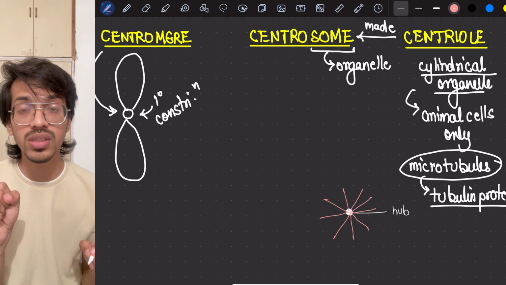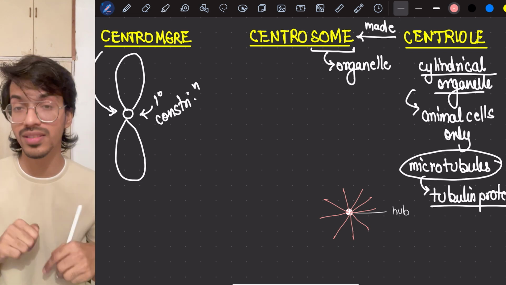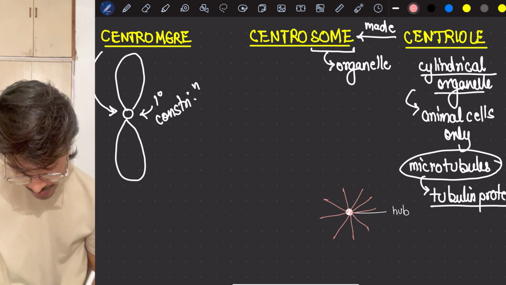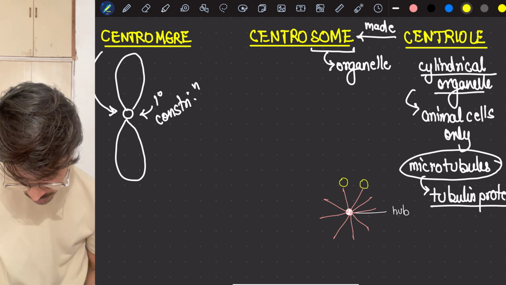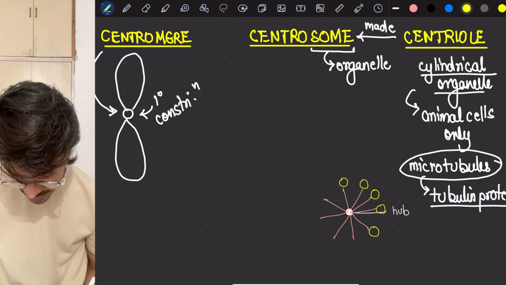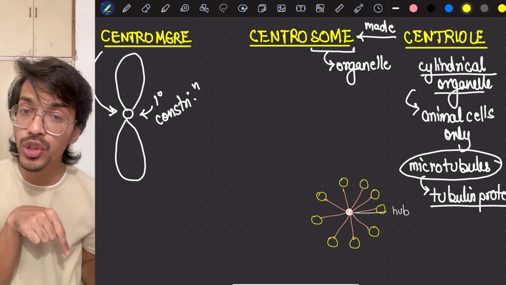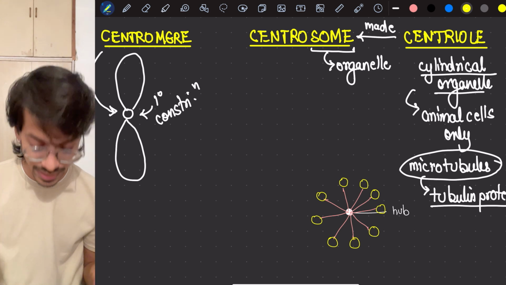Now these spokes are attached to the peripheral tubulin proteins which we have talked about. So the periphery has what? Tubulin proteins present. So let's just see that. So they are attached, 1, 2, 3, 4, 5, 6, 7, 8, 9. Now this peripheral tubulin protein, the yellow color I have made, is present in the form of triplets, means they are 3.